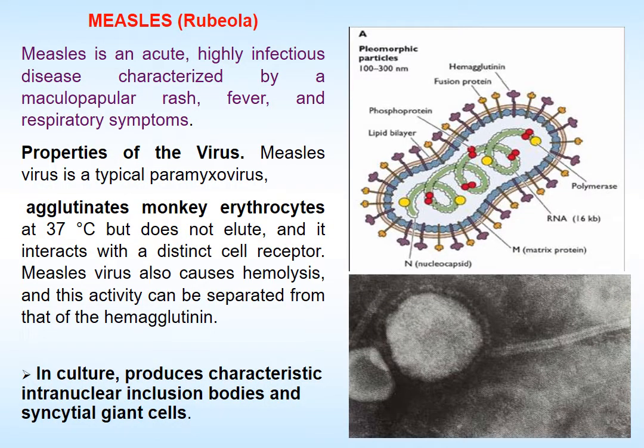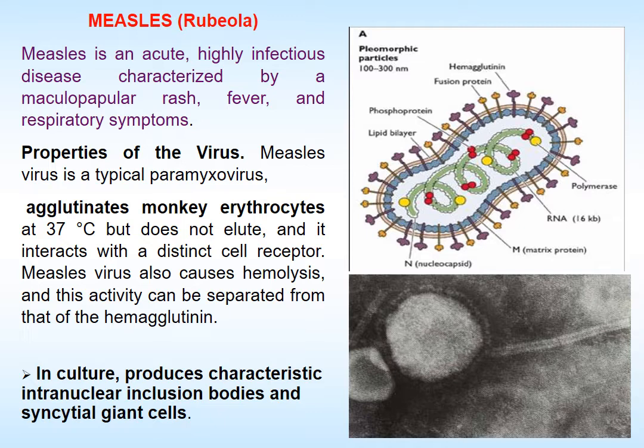Measles. Measles is an acute, highly infectious disease characterized by a maculopapular rash, fever, and respiratory symptoms. Properties of the virus. Measles virus is a typical paramyxovirus. This virus agglutinates monkey erythrocytes.